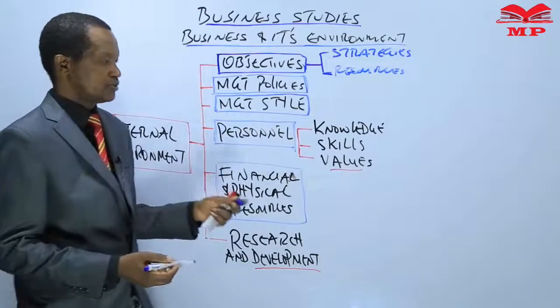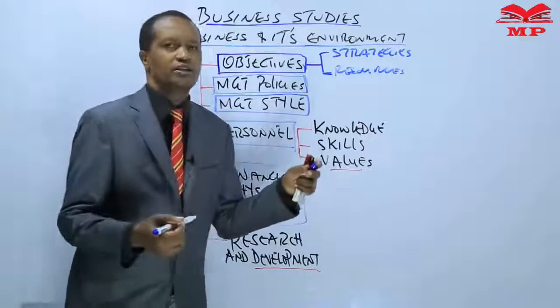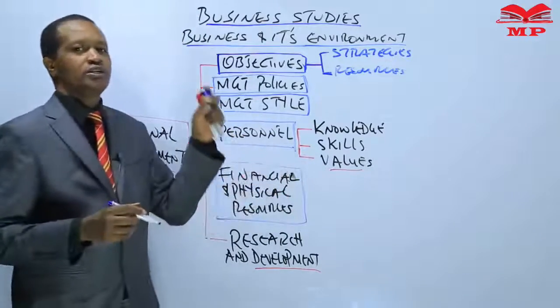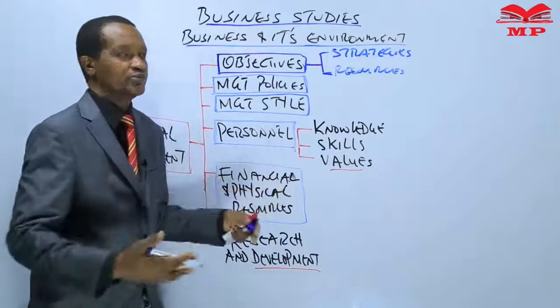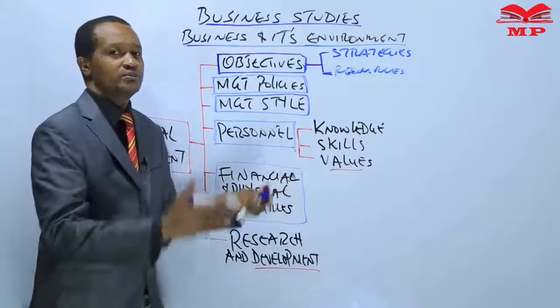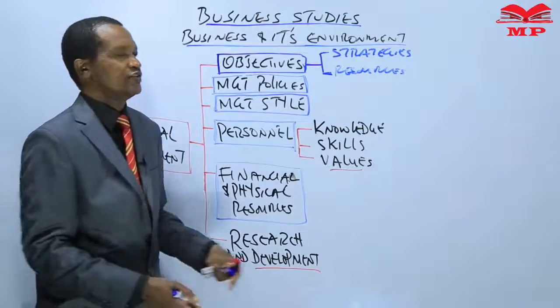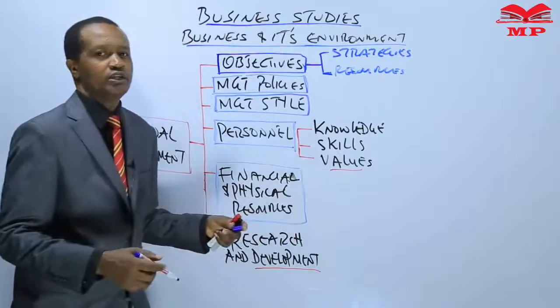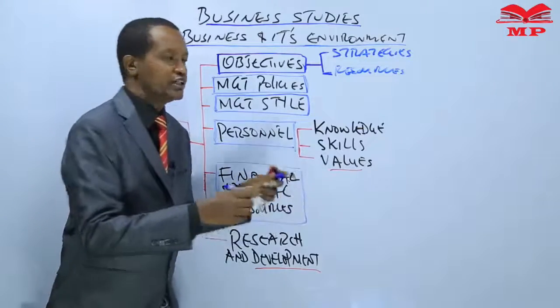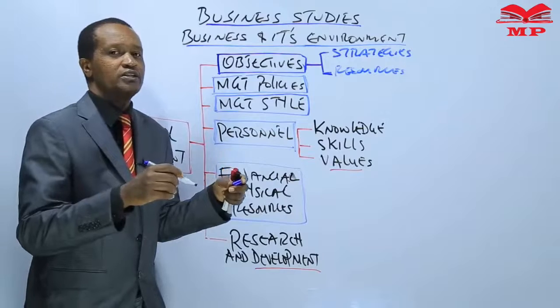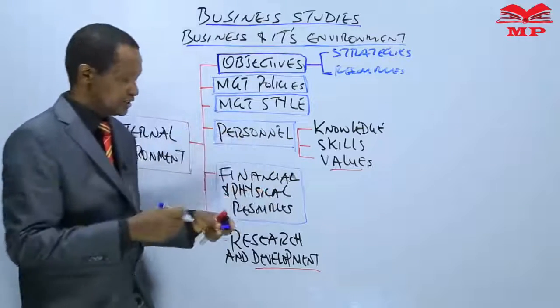We gave an example and said that if a business intends to produce a new good, it must determine whether the existing production facilities such as machinery can be used. And if a new good requires new machinery, then the financial capability of the business will have to be considered.